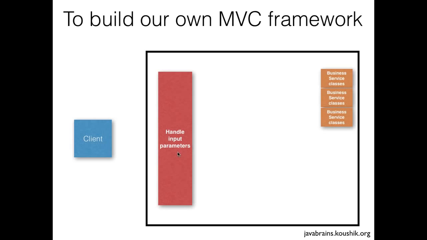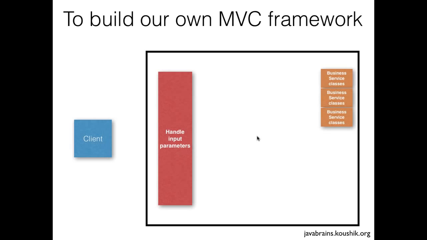Now, these input parameters are actually helpful when I'm calling methods of this business service. So the input parameter could be get me the employee record for employee number 1234. So 1234 would be the input parameter, and that 1234 value would have to be passed to a method on the business service. Because a business service method would be like get employee of ID, and then that ID 1234 has to be passed over here.